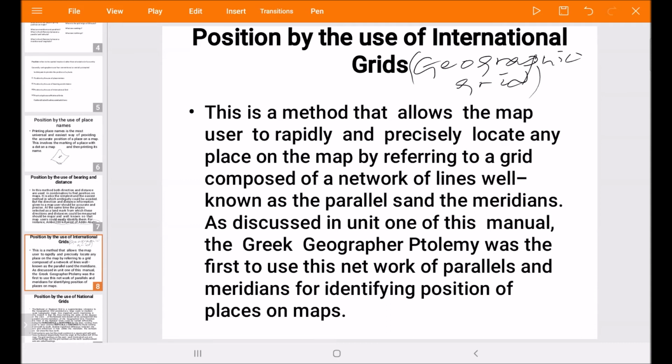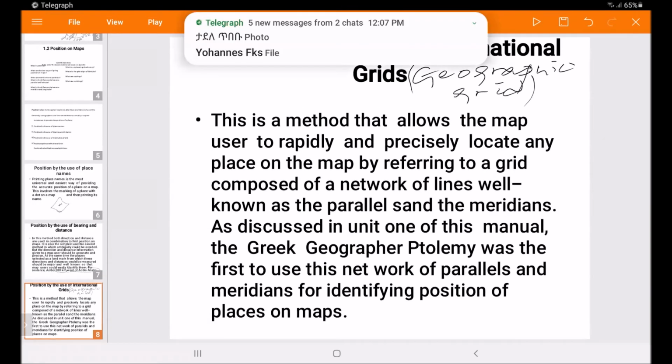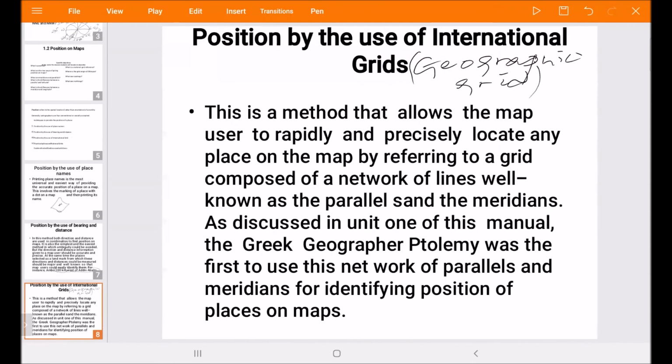Simply, parallels are imaginary lines joining all points with the same latitude. በተመሳሳይ latitudinal degree ያሉትን ፖይንቶች join በማድረግ የሚያሳየን parallel ነው። latitude በራሱ ደግሞ ምንድነው? Which is an angular distance that measures how far we are to the north and south of the equator. የሚያሳየን ምንድነው?